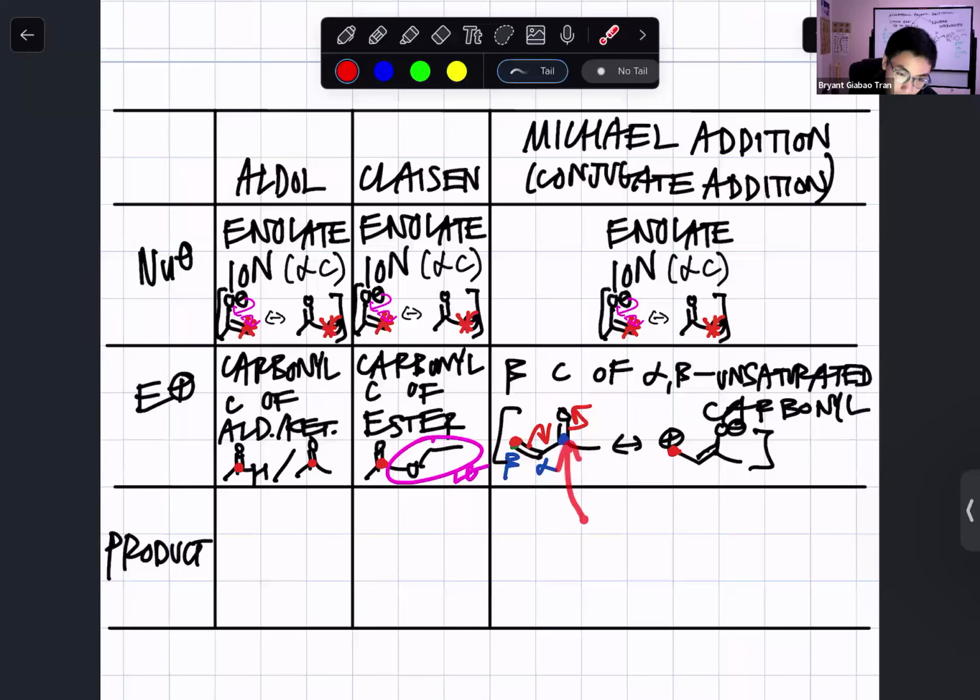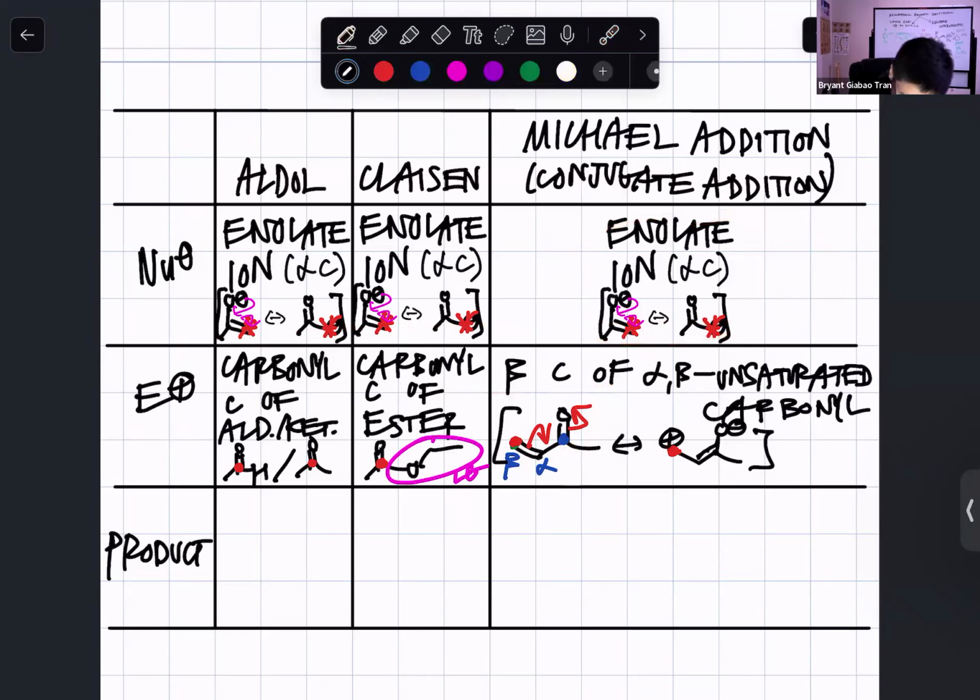Hard nucleophiles or irreversible nucleophiles, like organometallics or reducing agents, would attack the carbonyl carbon. But in this enolate chemistry, if our nucleophile is an enolate ion, the electrophile is always going to be the beta carbon of the enone.